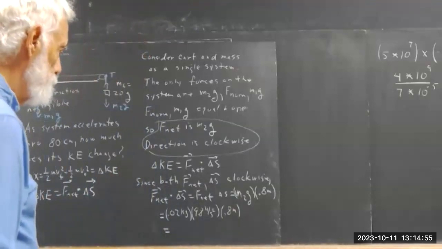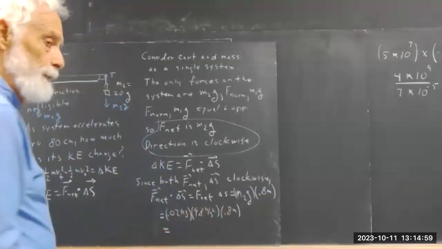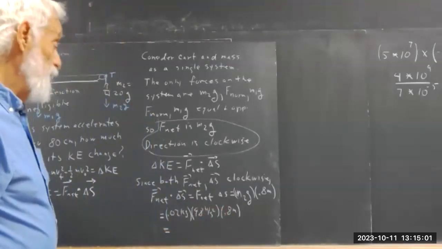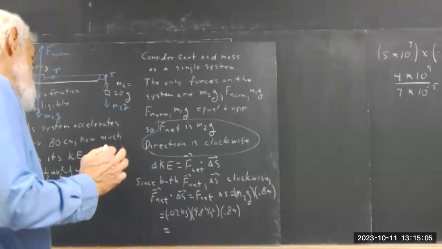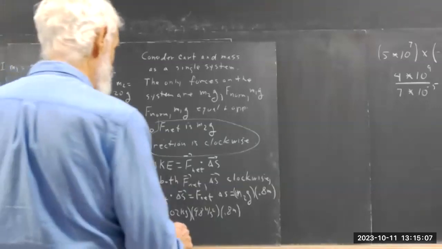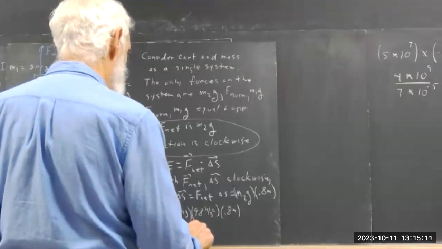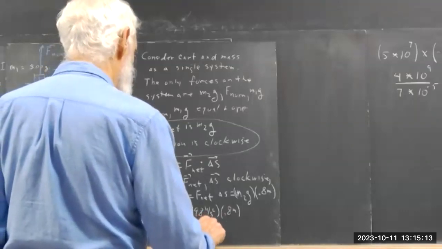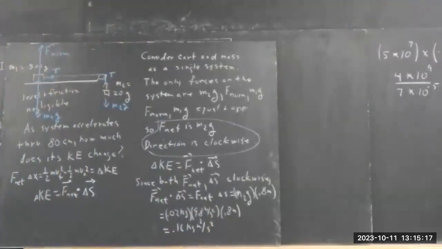What's this equal? Well, 9.8 times 0.8 is about 8. 0.01 times 8 is 0.08, so this is like 0.16 kilogram meter squared per second squared.